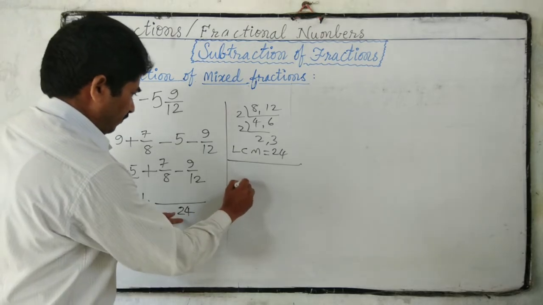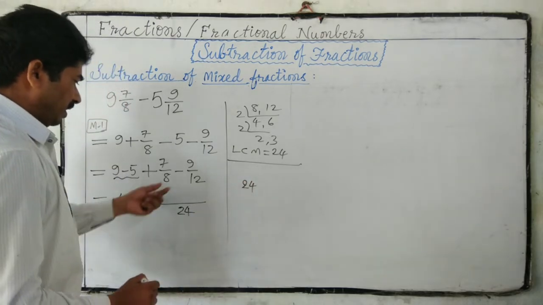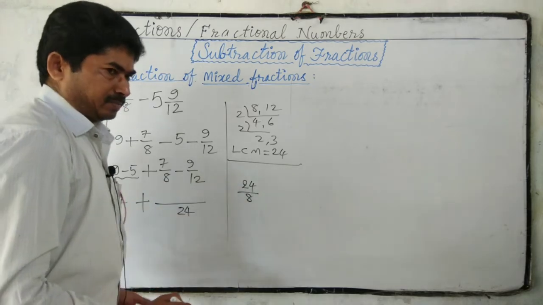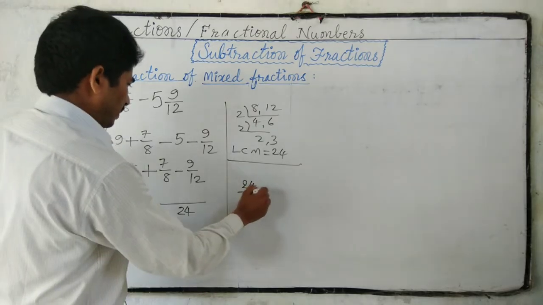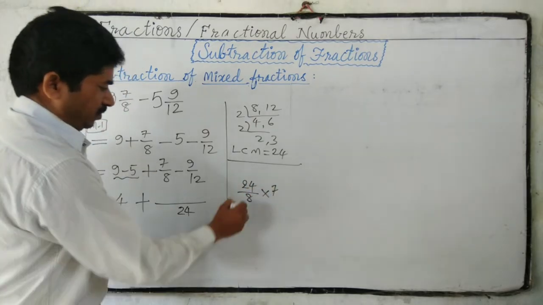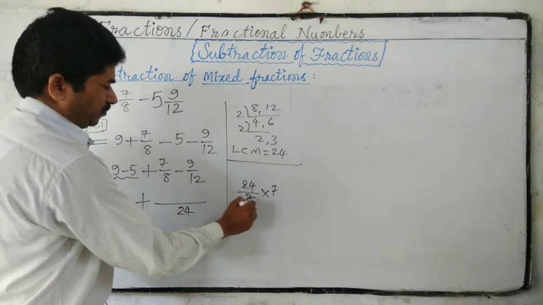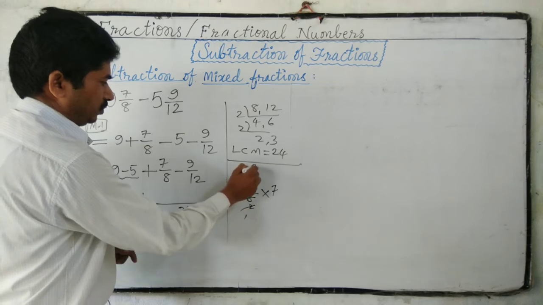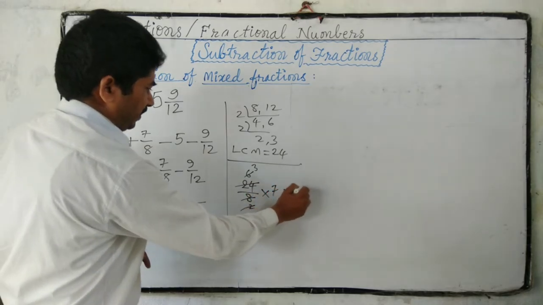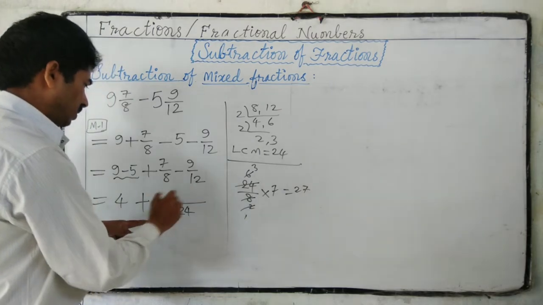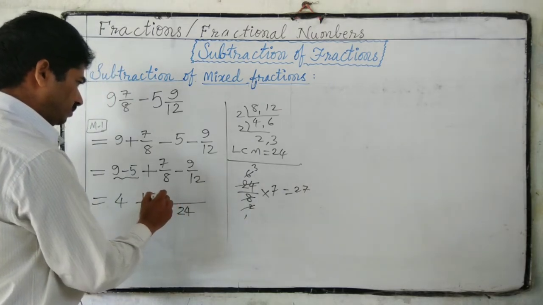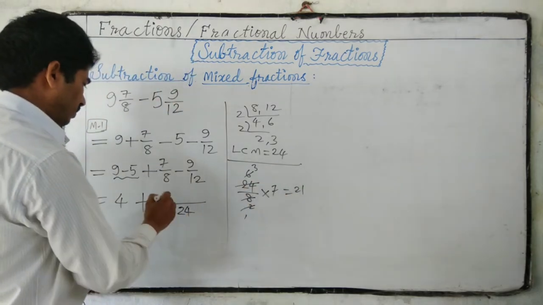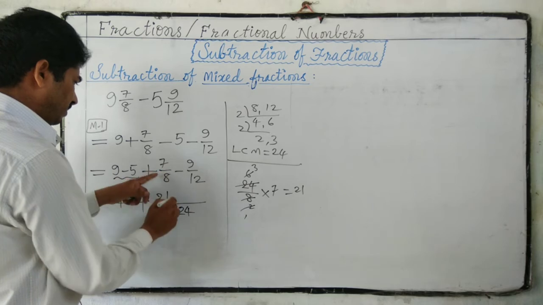Now divide this 24 by the denominator of the first fraction, and multiply with 7: 8 threes are 24, 3 sevens are 21. Write 21 for the first fraction.